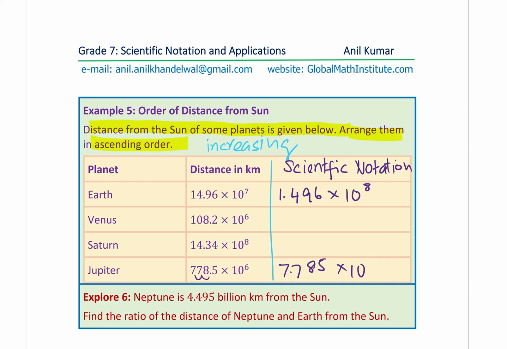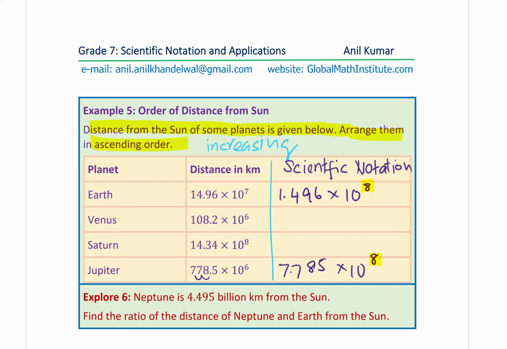So that becomes 10 to the power of 8. Do you see that? So once you write them in scientific notation, then what you have here is the power which can directly be compared. Is that clear to you? Correct? So that is your first part, and then do it. Otherwise, you might make a mistake.